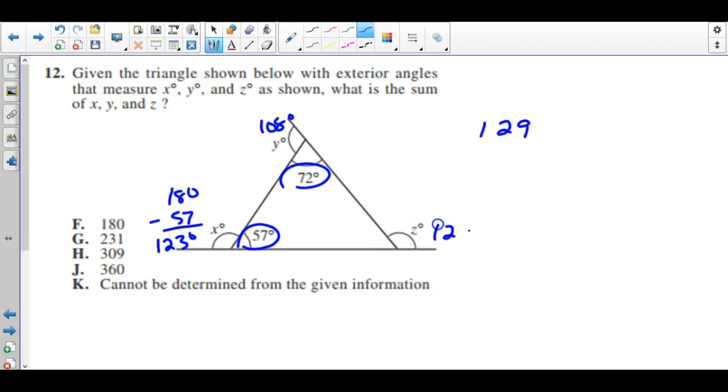Okay, so that's what z is. And at the very end of this, we want to know the sum of all 3 of these values. So I'm going to take 123 plus 129 plus 108 and sum up these three values, and that's what they're asking for in this problem, and that's going to come out to 360, so J is going to be our answer.